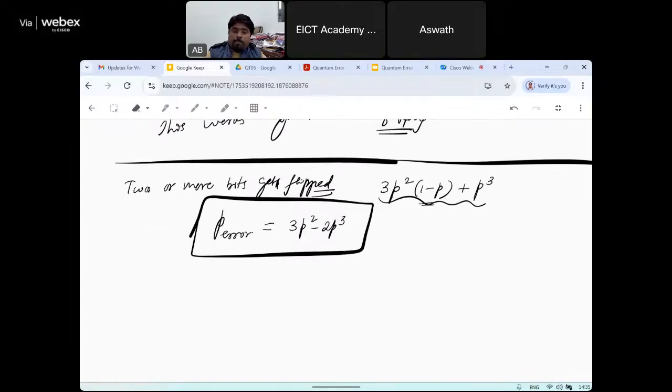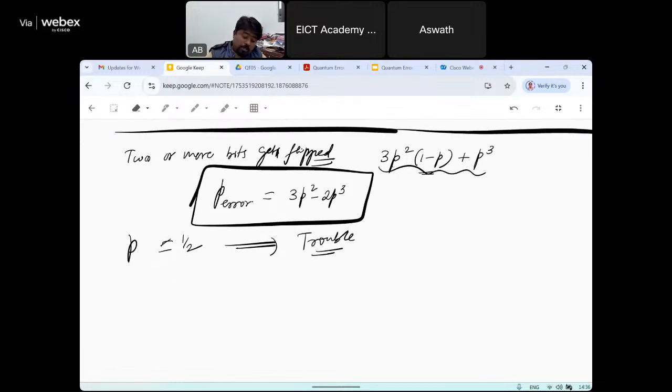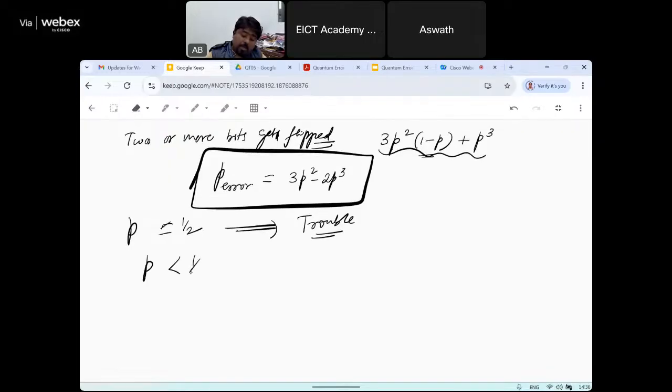Now, if the probability of flipping, that is p, is more than or anything close to half, then I am in trouble. My logical error correction is not going to work. If p is less than half, fine.